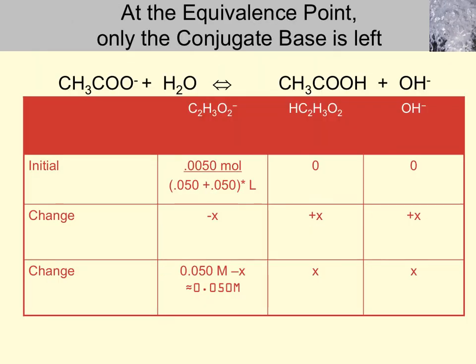All right, so here we go. I've written the reaction. This is at the equivalence point when all we have present in solution is that weak conjugate base. Here's the reaction it undergoes with water. This is why it's making the solution have a pH that's basic, a little bit more than 7. What is our initial concentration of the weak base? Be careful.